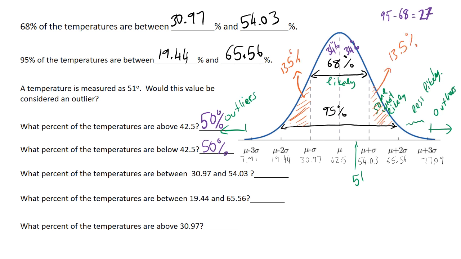We said that 2 standard deviations away from the mean will be covering 95% of data. That will leave us with 5% of data for 3 standard deviations away, here and here total. If the blue sections that I shaded total 5%, then each of them is going to be only 2.5% each.